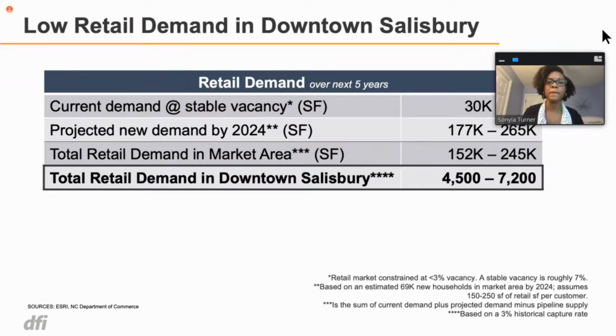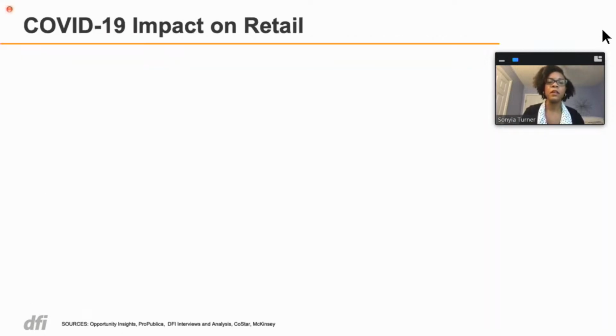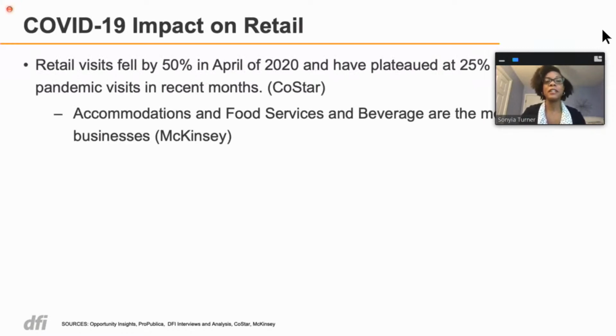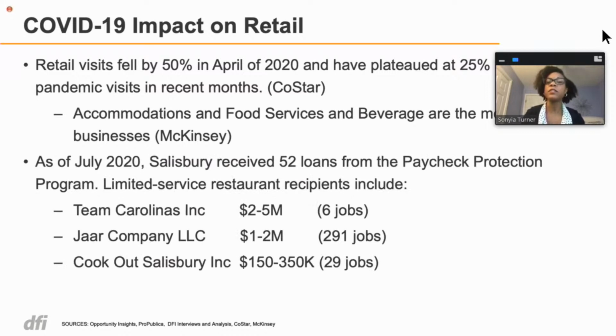Thank you. And so when we look at COVID-19 impact on retail, we find that retail was hit pretty hard by this pandemic. Visits fell by 50% in April. They've plateaued at 25% in recent months, with accommodation and food services being the most affected businesses.